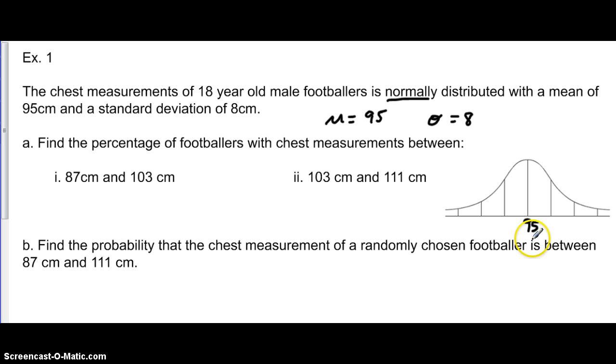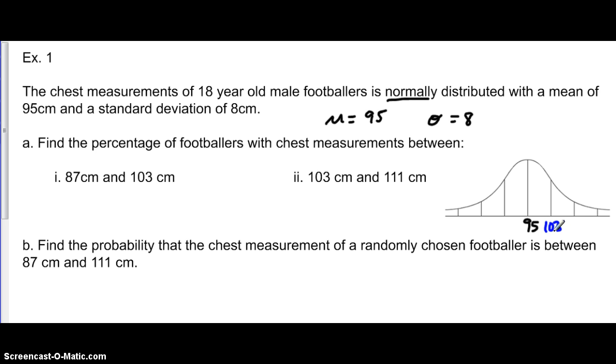And my first step is to start at the mean here, and then add my standard deviation in the positive direction and subtract in the negative. So this point here would be the mean plus our standard deviation. So in this case, 95 plus 8, so that'd be 103.